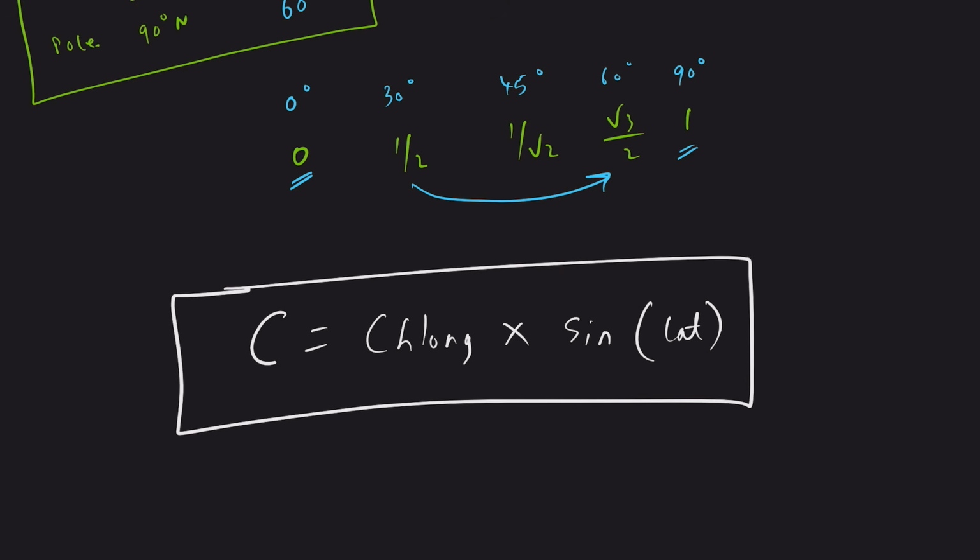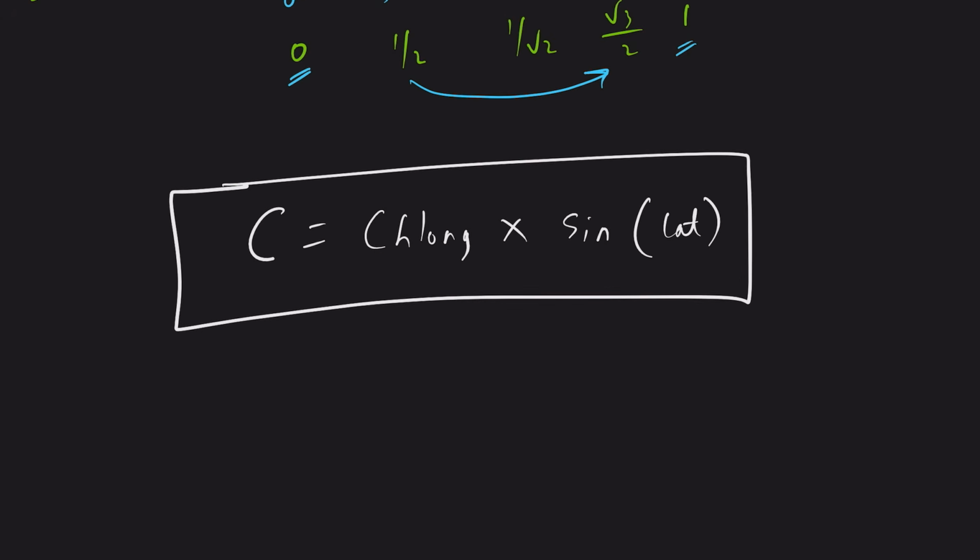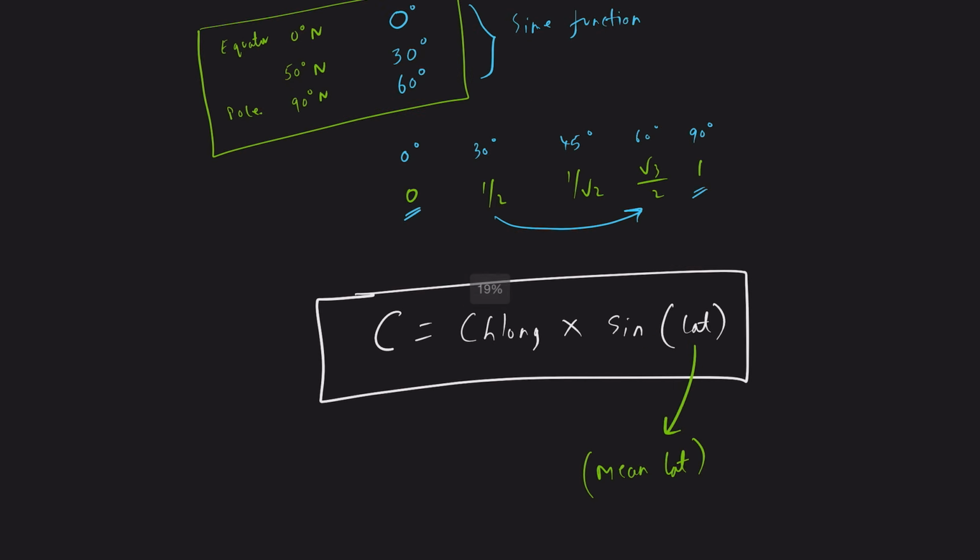That's why we are following a sine function. Understood? Later you'll realize that this formula will be revised a bit. This latitude will change to mean latitude. You'll see this in a while. So the formula for convergency comes as convergency is equal to Shillong into sine of latitude.